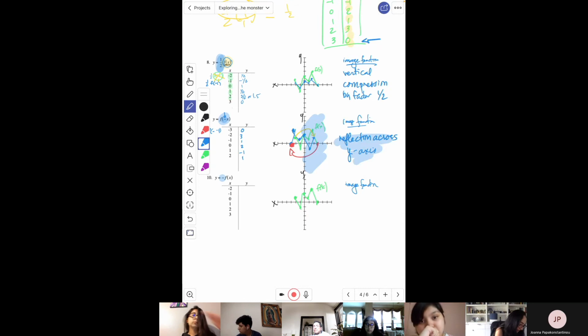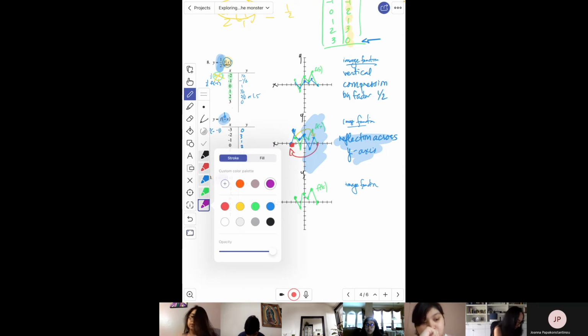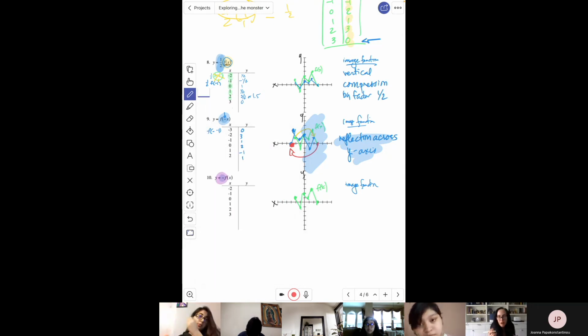So by looking at this equation, can you tell me what the minus sign in front of the f of x would do? What type of transformation can you tell me automatically without looking at the graph? What would that be? The minus sign in front of the f of x. Reflection across the x-axis.